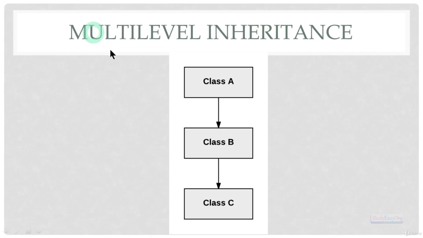Now friends, then we have multi-level inheritance, where we have a parent class, then we have a child class. The child class is the parent class for some other class.